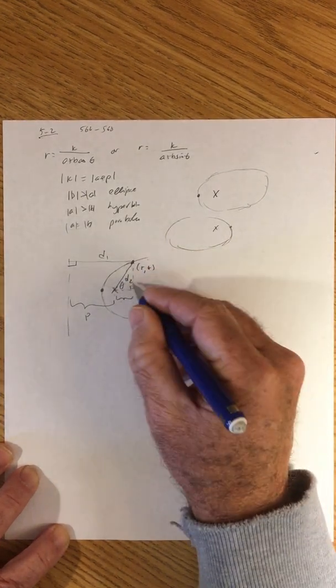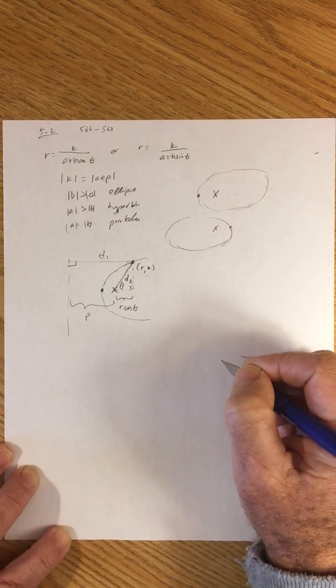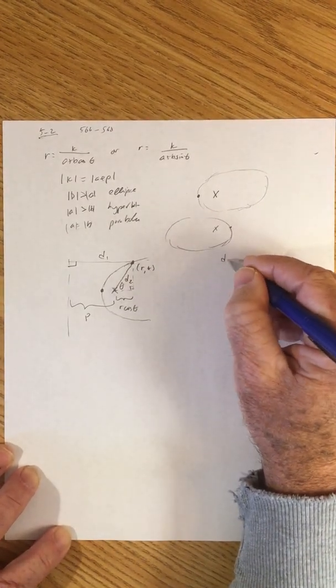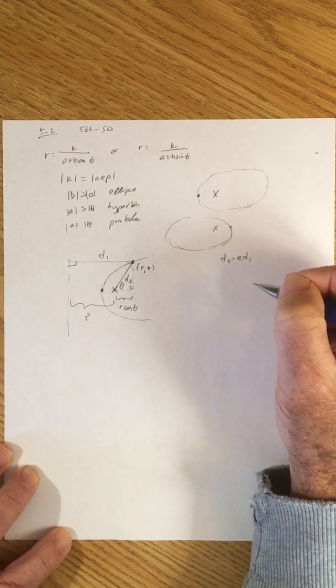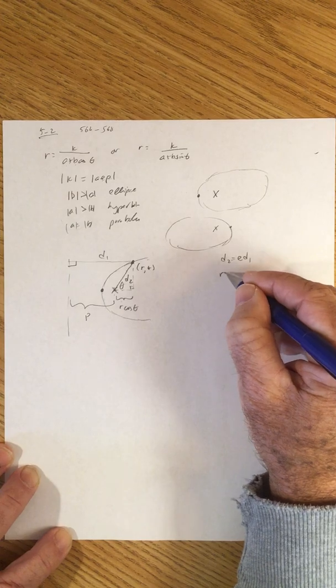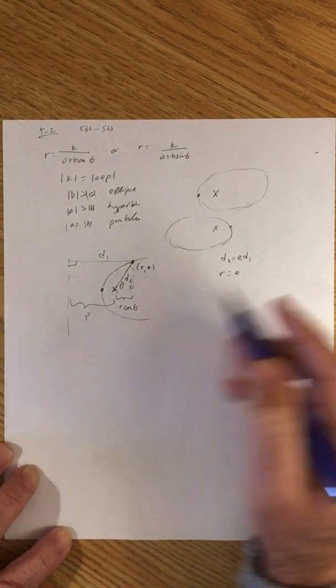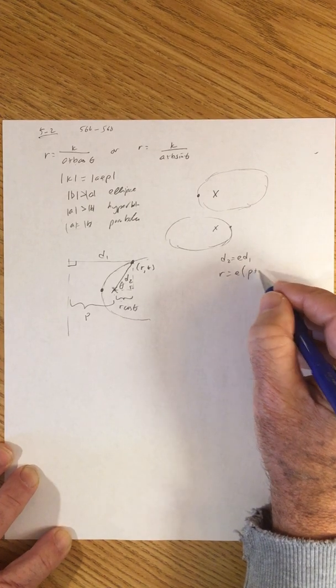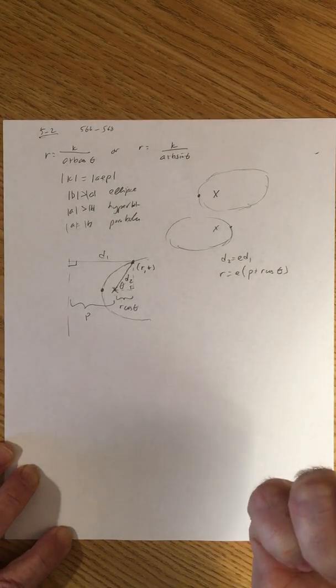That length is r, so this is r cosine theta. All right, remember that D2 is equal to E D1. Well, D2 here is nothing more than r. D1 is P plus r cosine theta.